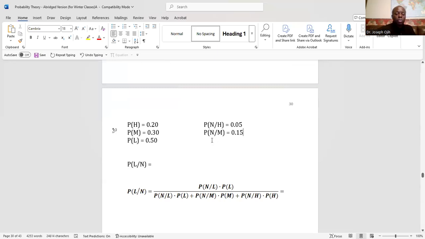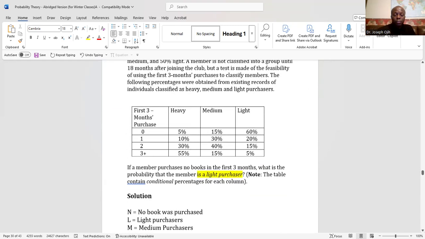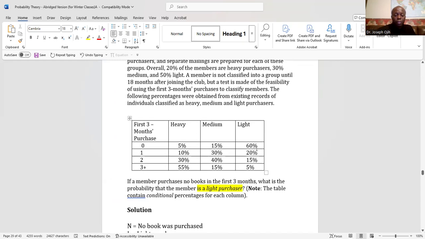Then no book given light, according to the table, is 60%.